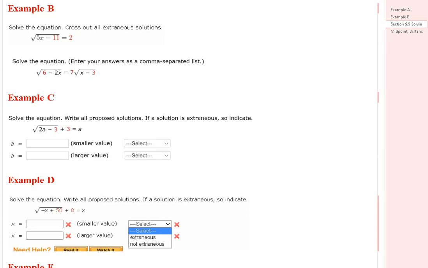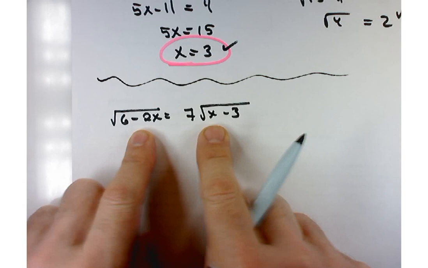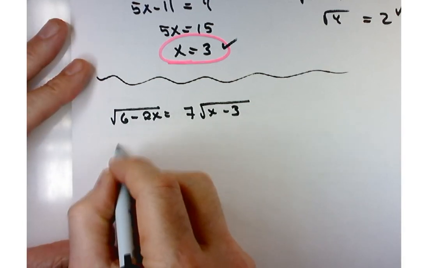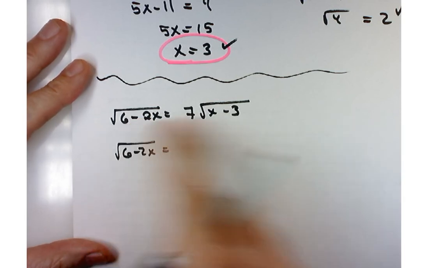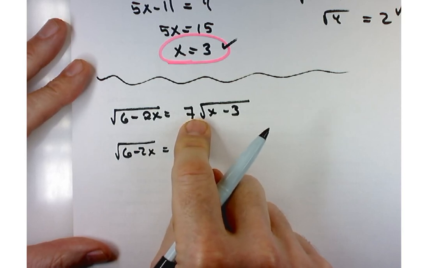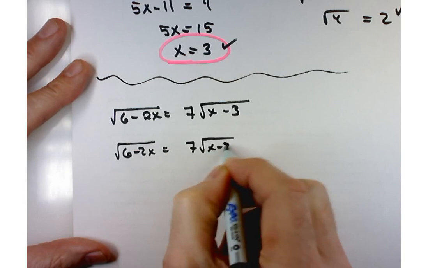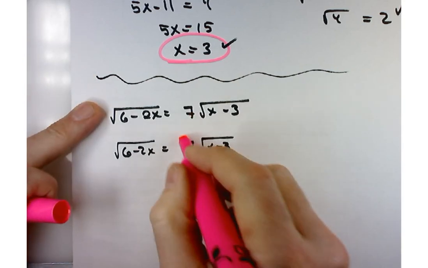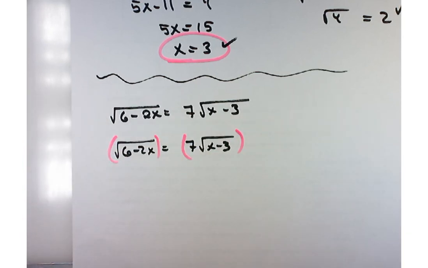So again, we want to square both sides to get rid of the square roots, but we've got to be a little bit more careful in squaring both sides because I've got radicals on both sides, and in particular here I've also got a 7 times this radical. So what I'm going to carefully do is put parentheses around both sides, this one and this one, and then square it.